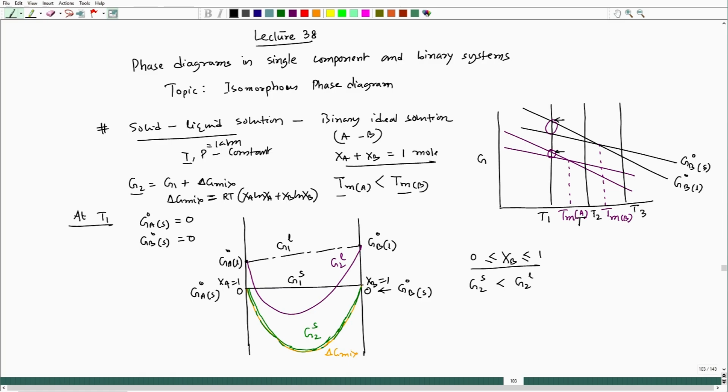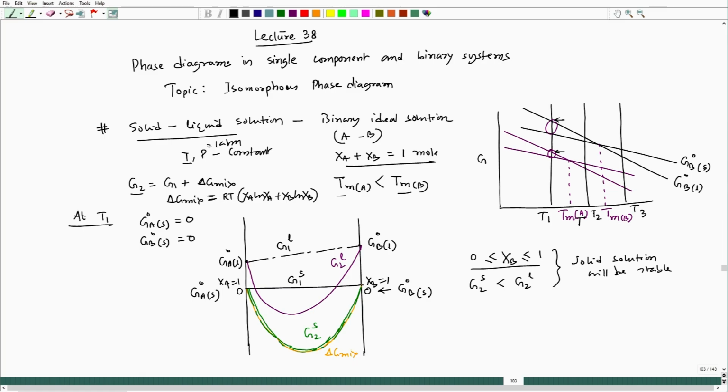That hierarchy suggests that solid will be stable at all compositions. And remember, at XB equal to 1 and XA equal to 1, the G2 line would be merging with the G1 line, because delta G mix will be 0 there. So, it suggests that over the entire composition, solid solution will be stable.